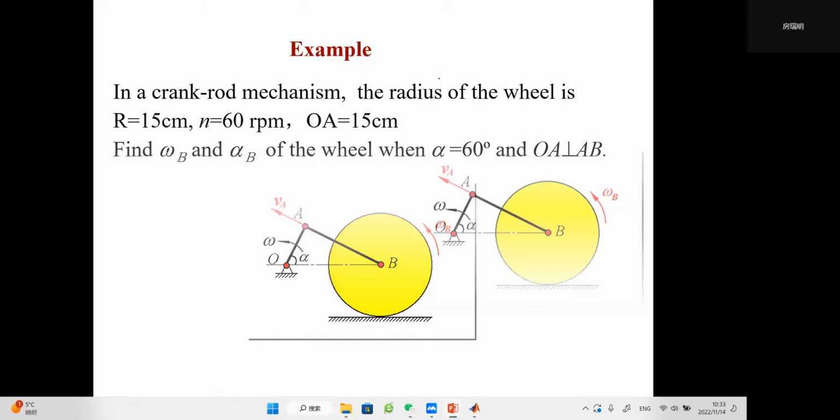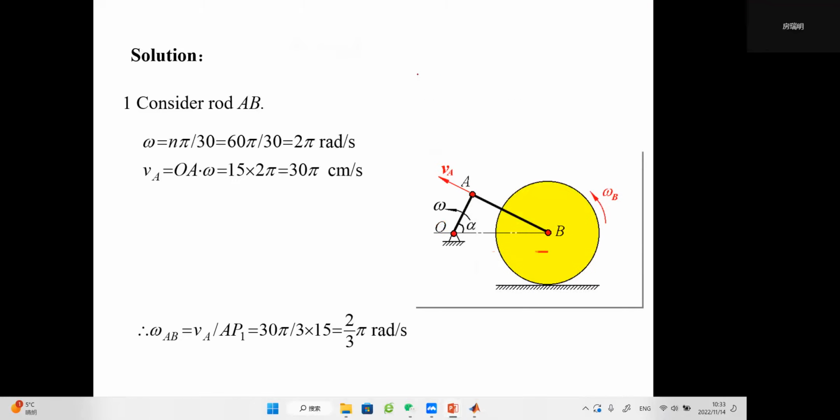So let's see how to find the result of this problem. First we should consider rod AB. Rod AB does not connect to the frame directly. It connects OA at point A, and it connects this wheel at point B. So actually this linkage AB is another typical rigid body which has plane motion, right?